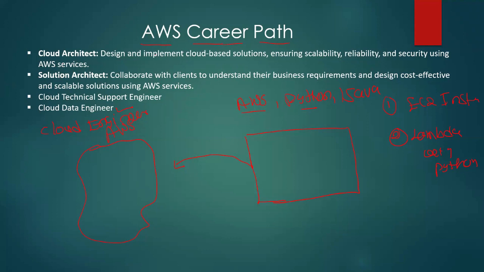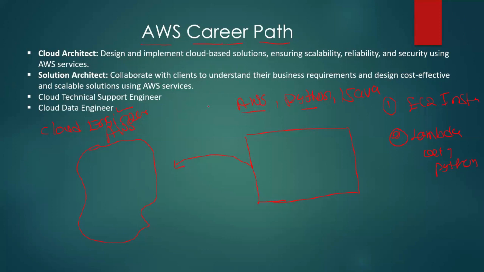But whether you are a beginner or an experienced person, if you are still not aware of AWS, and you are already working and have some IT experience, then cloud architect or solution architect is the best profile for you. You may be working as a web developer, a data engineer, or a machine learning engineer.